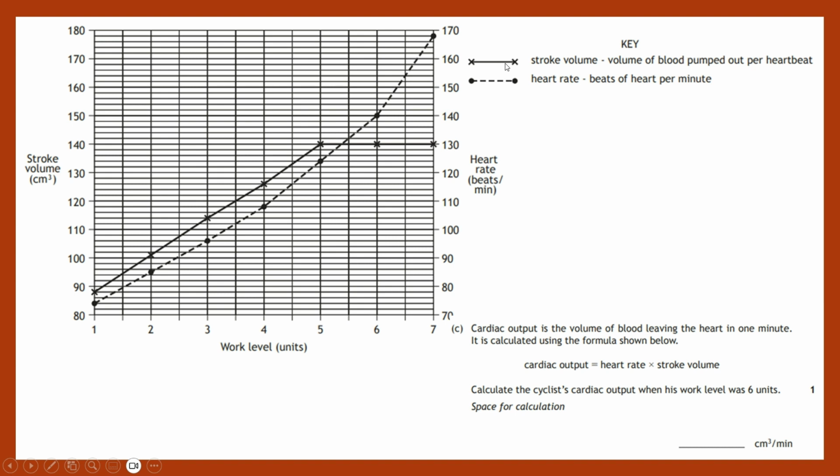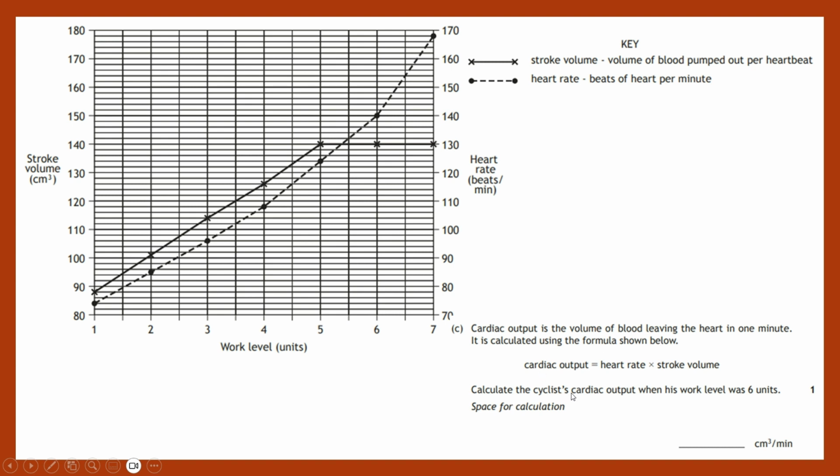We've got the solid line with the crosses for our stroke volume, and the dotted line with the circles is the heart rate. Okay. The question, cardiac output is the volume of blood leaving the heart in 1 minute, and it's calculated using the formula heart rate multiplied by stroke volume.